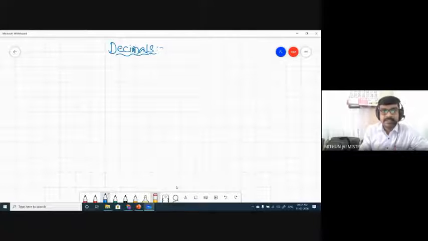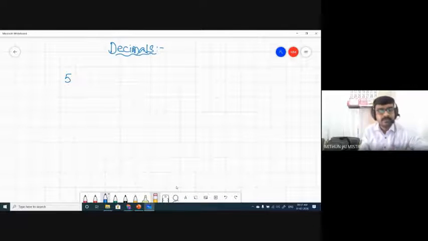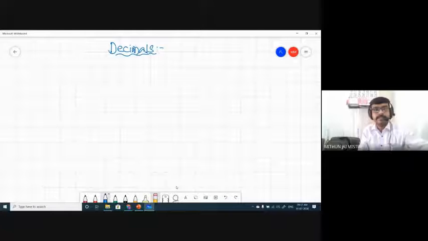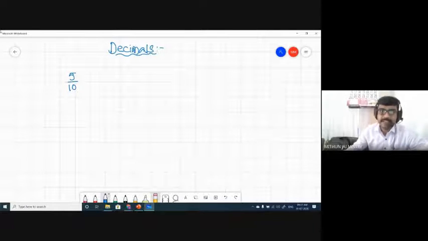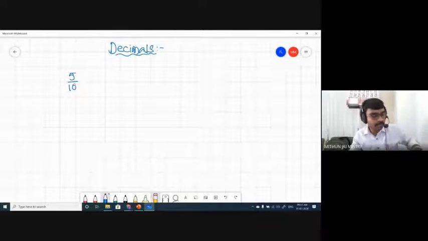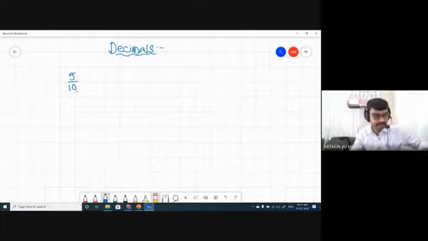See children, let me take some number as 5 by 10, right? Let me take 5 by 10. So what is this 5 by 10? Is it a natural number, a whole number, or a fraction? What is it?